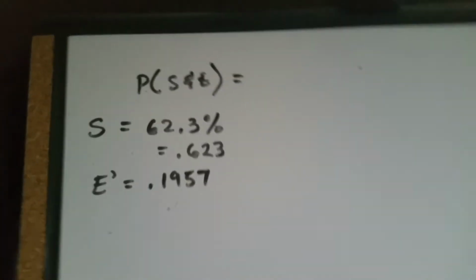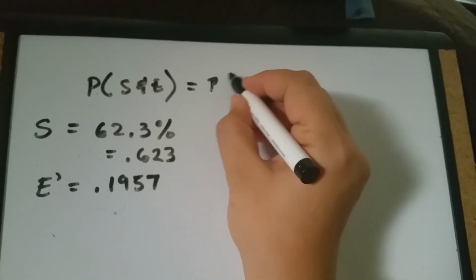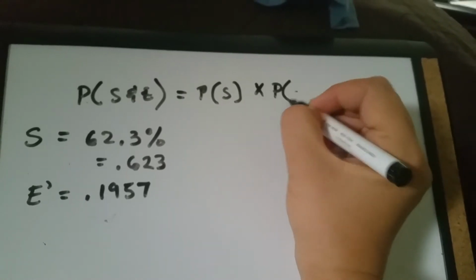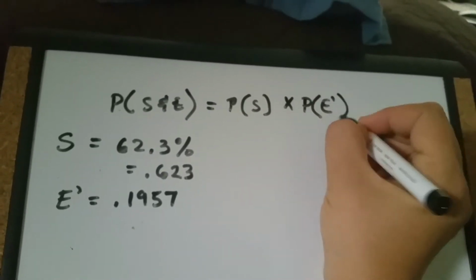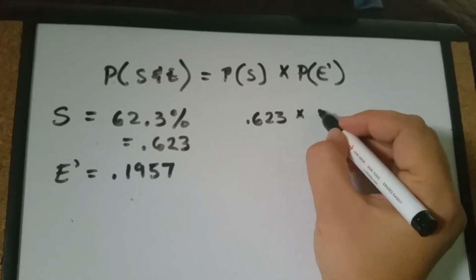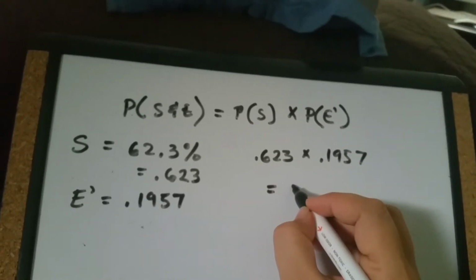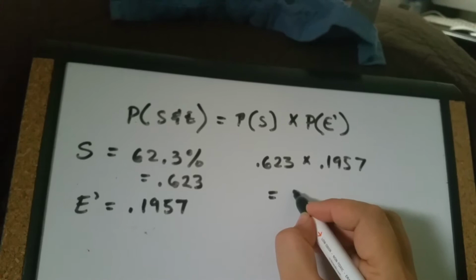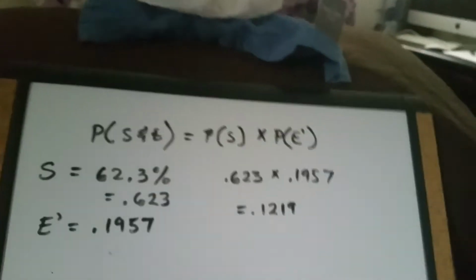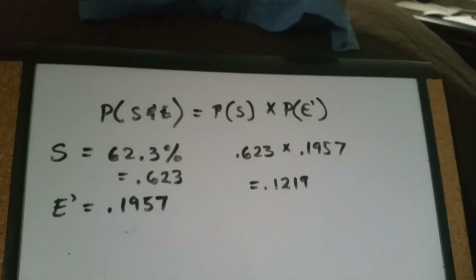It's supposed to be probability of S times the probability of E. So if I take the 0.623 times the 0.1957, we are going to come up with 0.1219, and that would be the answer for that.